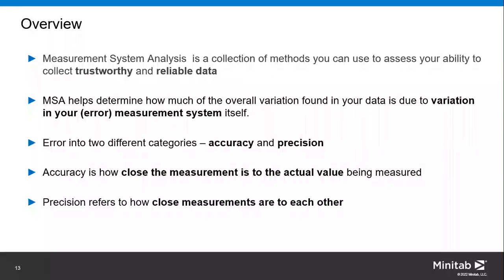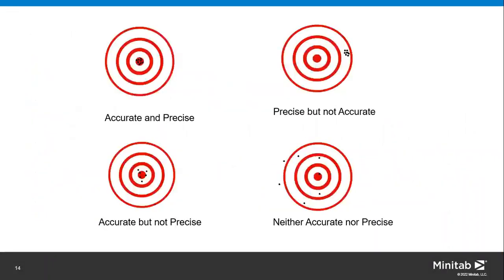I think the easy way to visualize accuracy and precision is to think of a target, where the bullseye is the actual value that you are measuring, and a good measurement hits the center of the target each time. So doing the MSA is looking at the pattern of the shots.